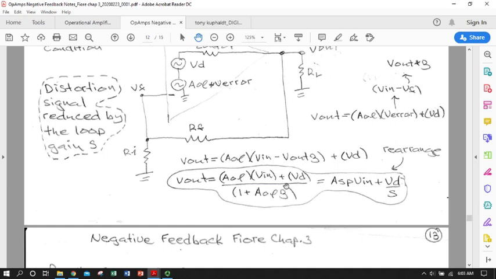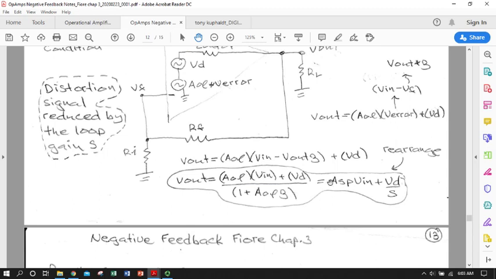We might also recognize that this whole concatenation of terms, our A open loop over 1 plus A open loop times beta, is our multiplier, our relationship between A closed loop gain and open loop gain.